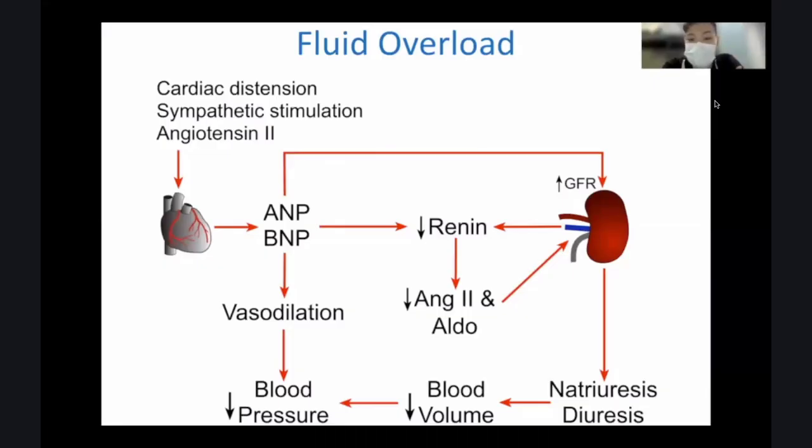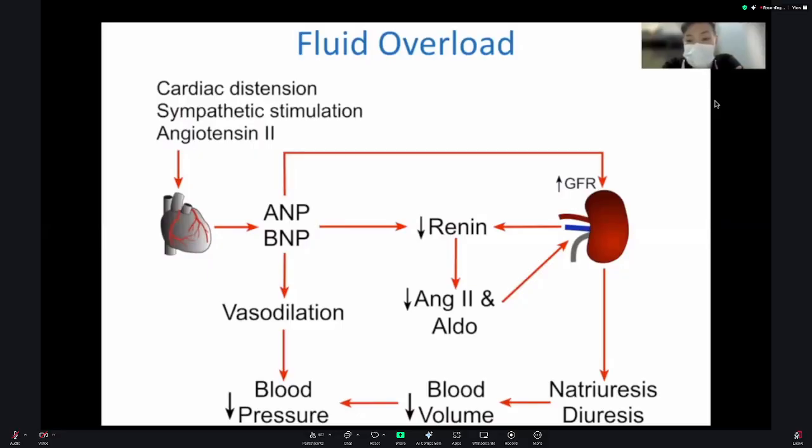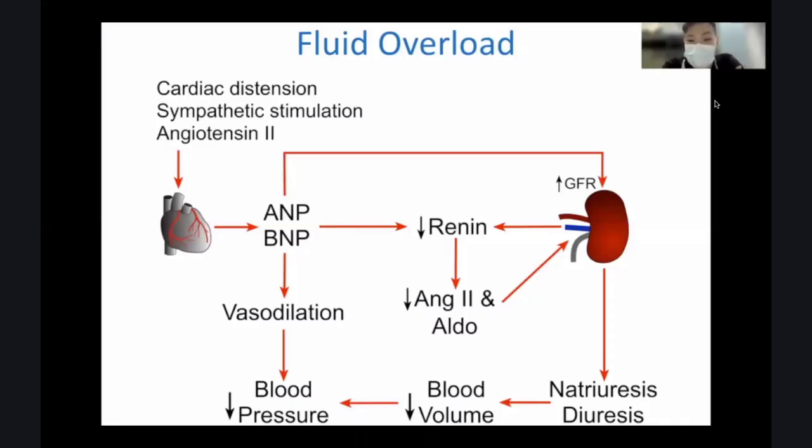More sodium is being filtered, or more sodium will go to your urine, and water will follow sodium. So there will be diuresis or natriuresis. Then eventually that will lead to a decrease in blood volume.